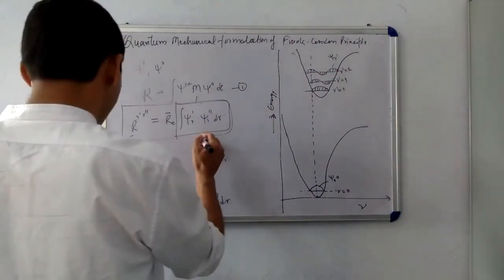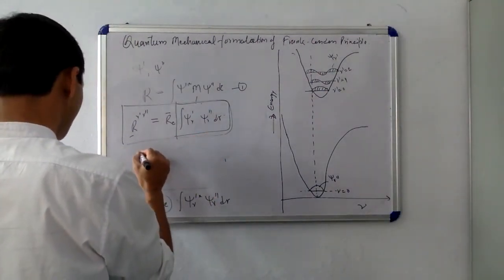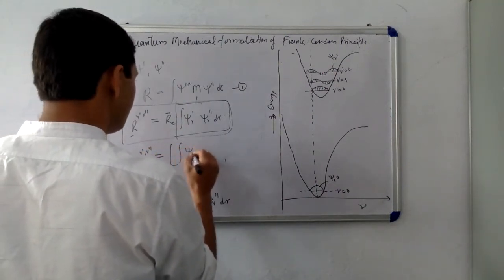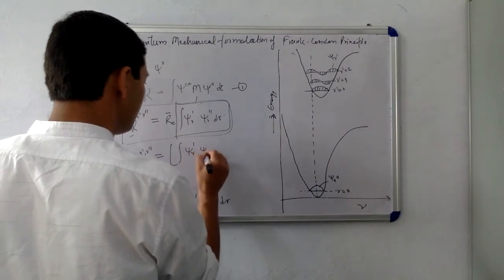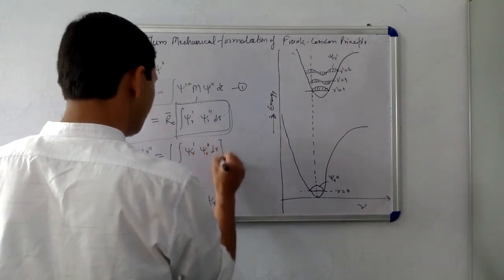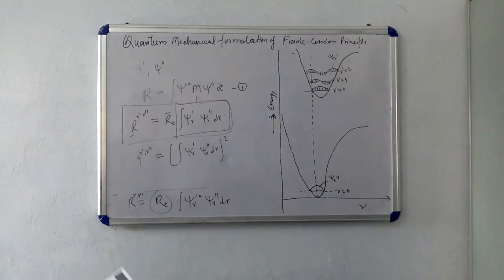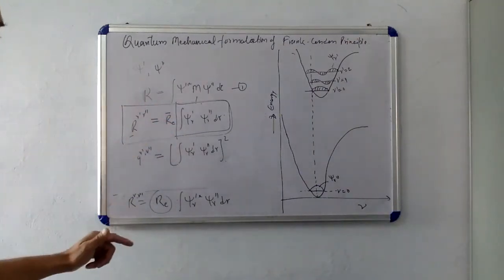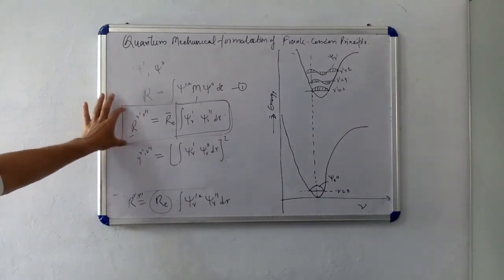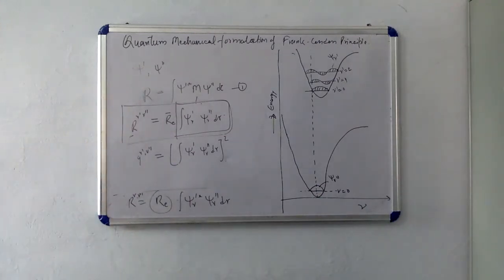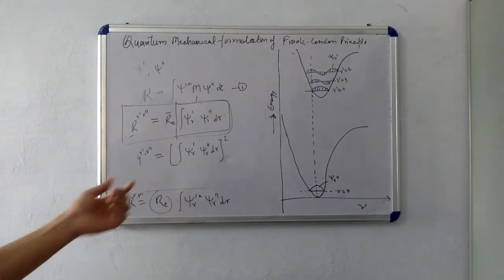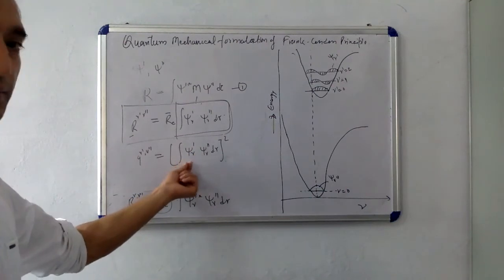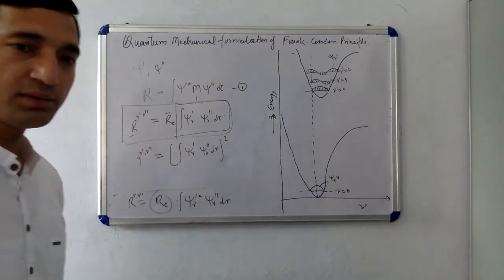So the square of this one, this Q of ν′ ν″, is equal to the integral of ψ ν′ ψ ν″ dr, squared. This is called the Franck-Condon factor, and squaring this tells you how much of the total transition moment is there. This defines how much these two wave functions overlap, because it is simply an inner product.